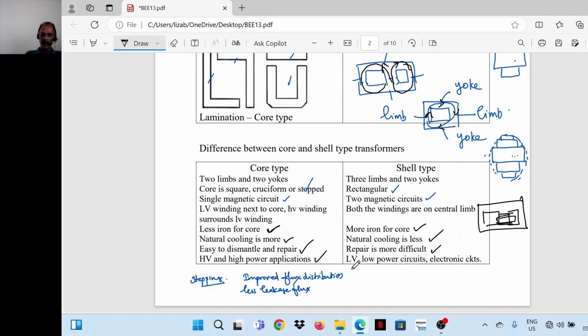Shell type is used only in low voltage circuits, low power circuits, and electronic circuits. Because of this, natural cooling being less is no problem at all, because it is used for very low rating power circuits.